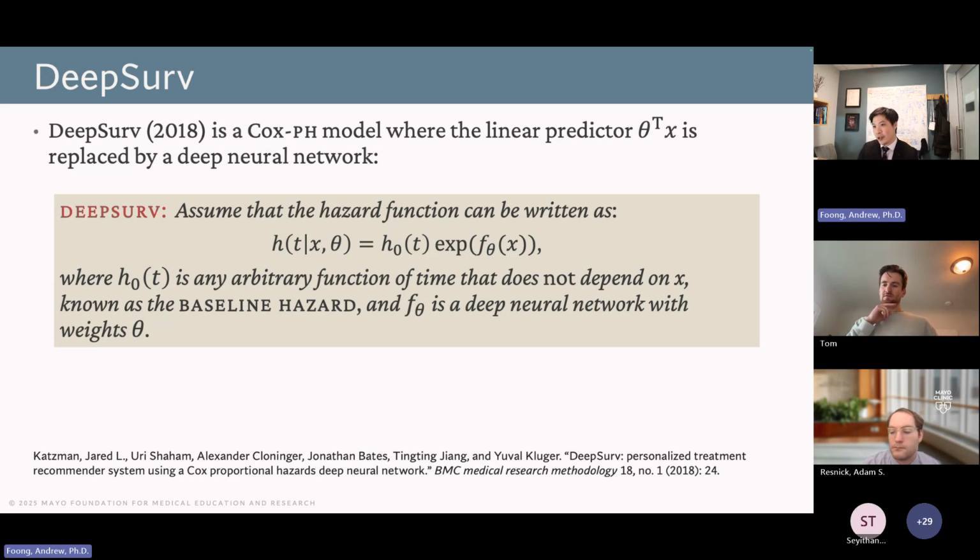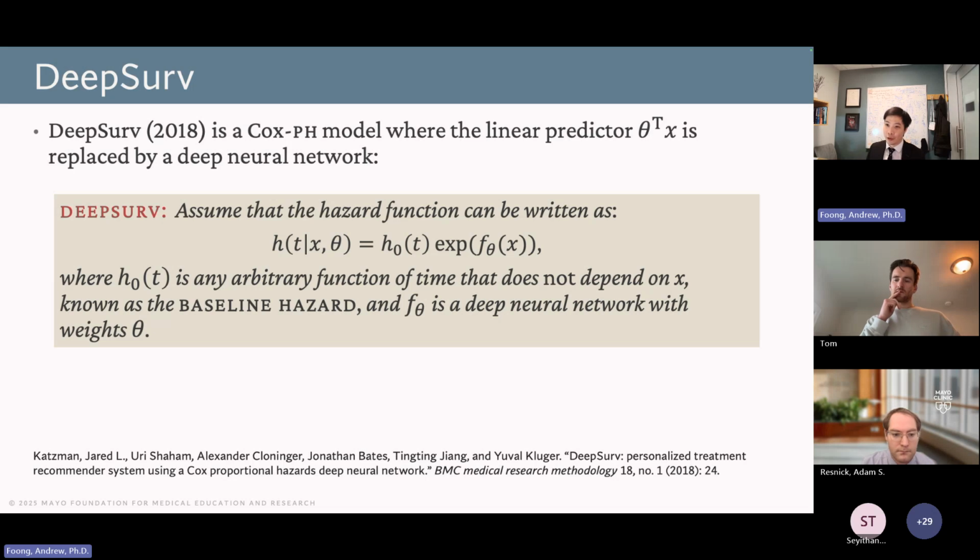If you only have tabular data, then Cox PH is a great way to start. But the moment you have things like X being foundation model embeddings, Cox PH just stops making any sense. A very common pattern is you have pathology slides and you embed them into a 1,000-dimensional embedding vector. I really don't think you want to do Cox PH anymore, but it's the baseline to beat.